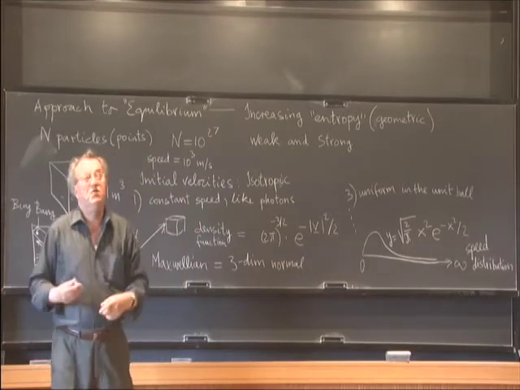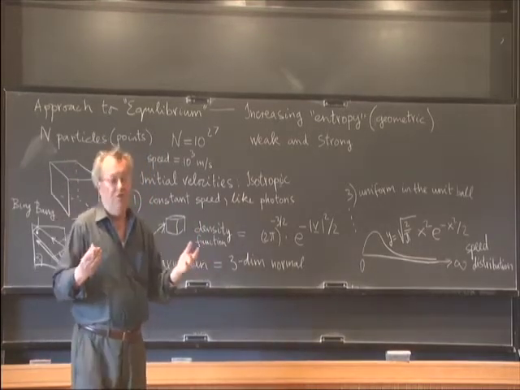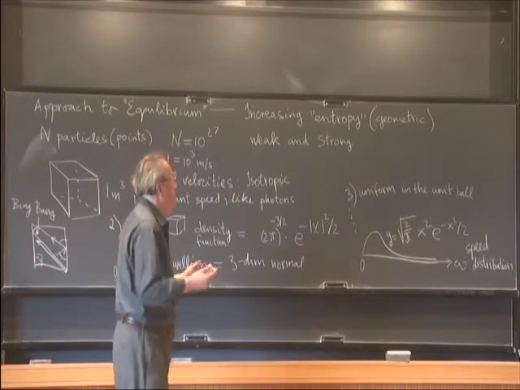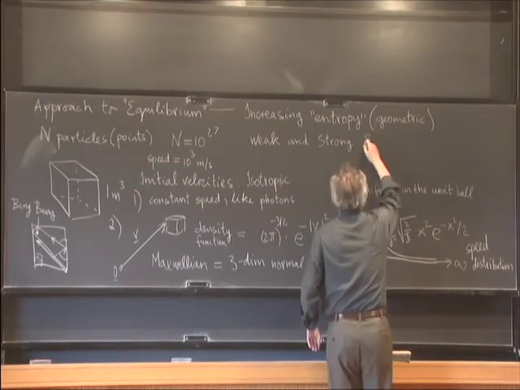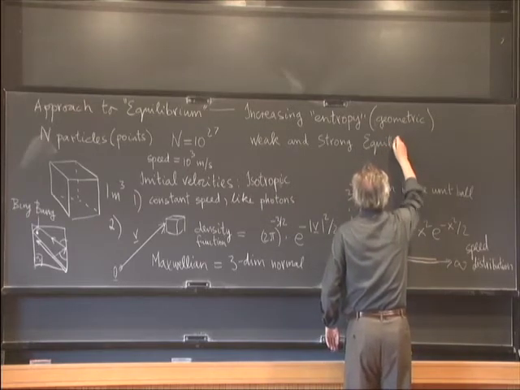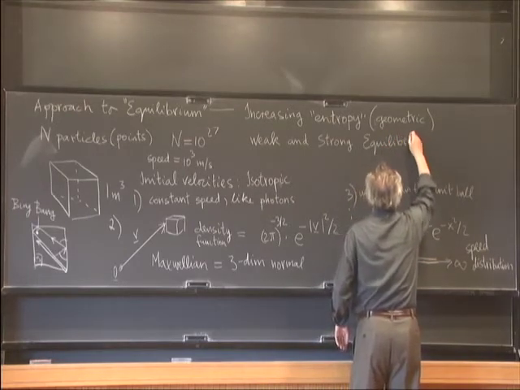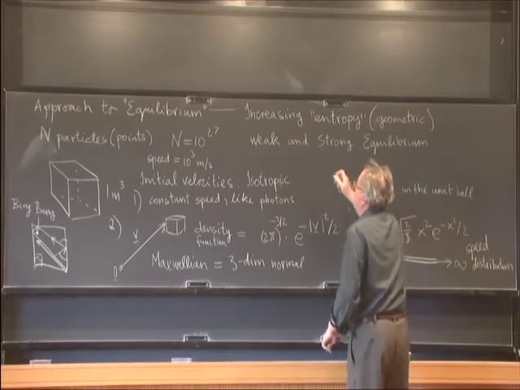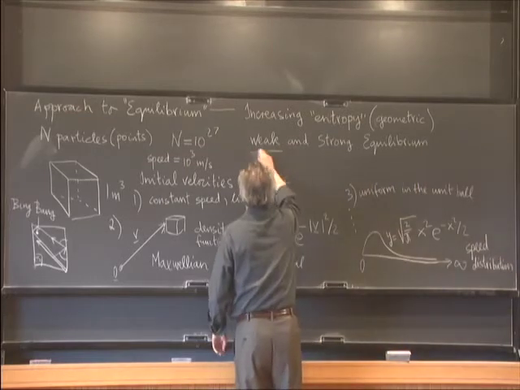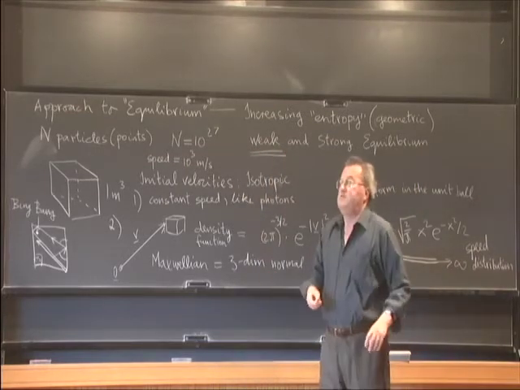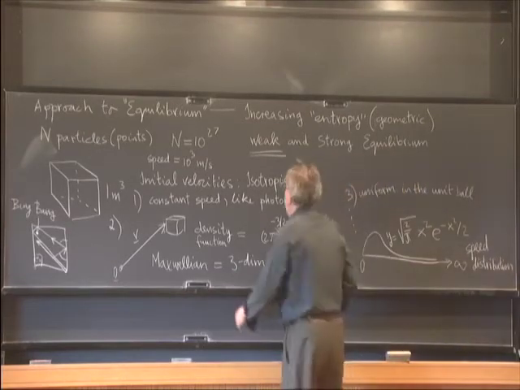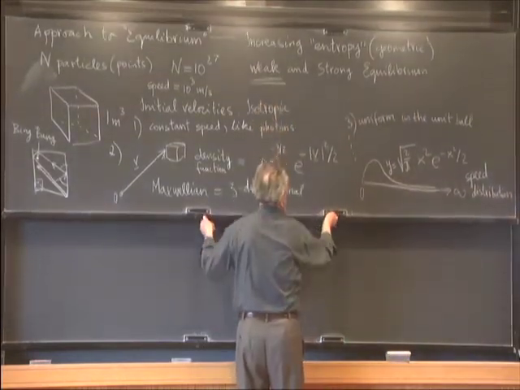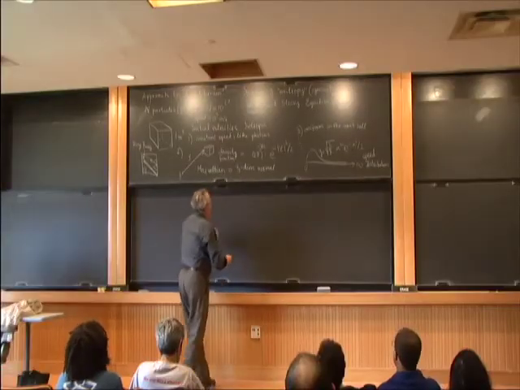Now, the next question is, what the heck is equilibrium? How would you define it? So I will talk about weak and strong equilibrium. And I start with the weak one, which is easier to define. It is simply that I take an arbitrary test set.